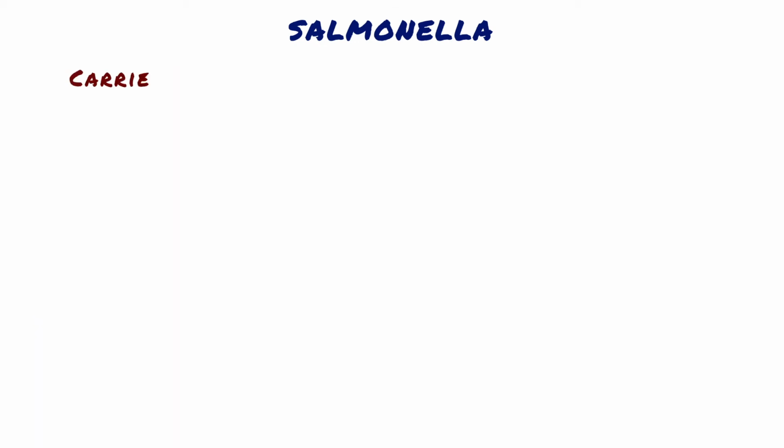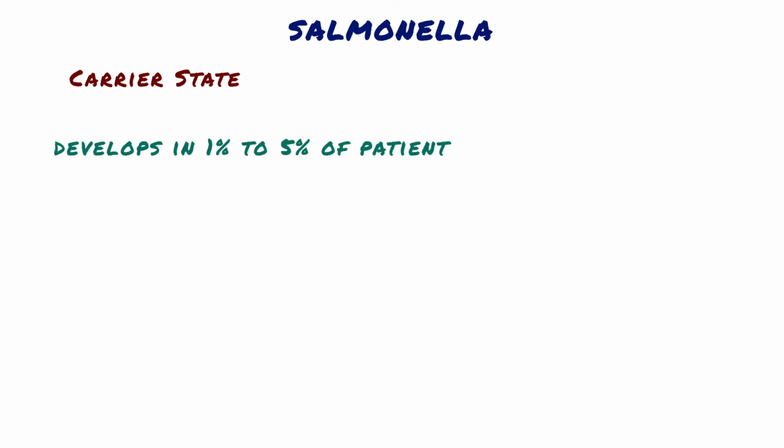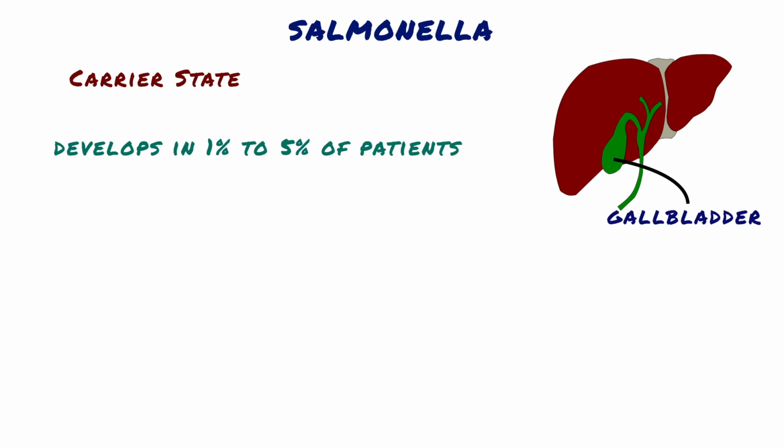Second one is carrier state. The strains of Salmonella responsible for causing typhoid and paratyphoid fevers are maintained by human colonization. Chronic colonization for more than 1 year after symptomatic disease develops in 1 to 5% of patients, with the gallbladder being the reservoir in most patients.